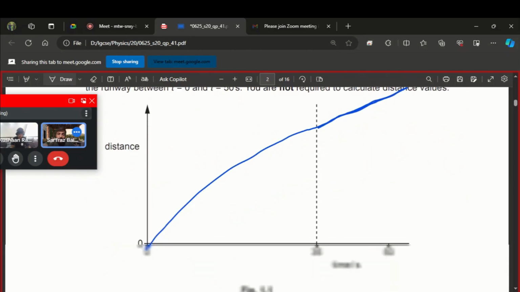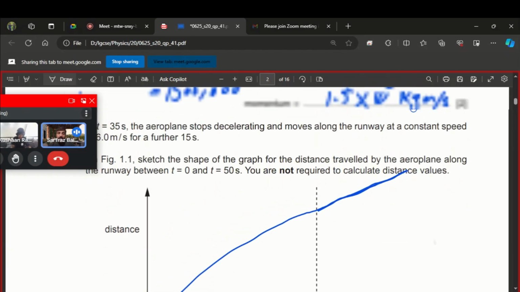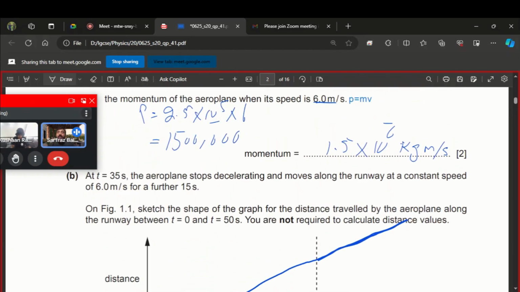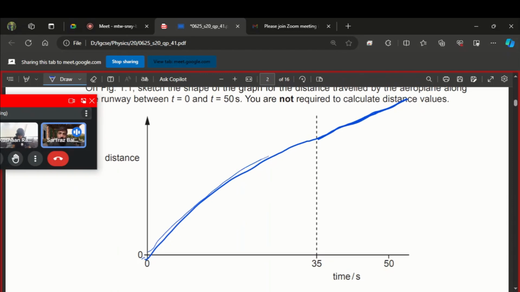From the graph we can see that initially it takes 35 seconds to decelerate and after 35 seconds it moves with constant speed. Here the speed is decreasing, it's decelerating, and after 35 seconds it is constant.